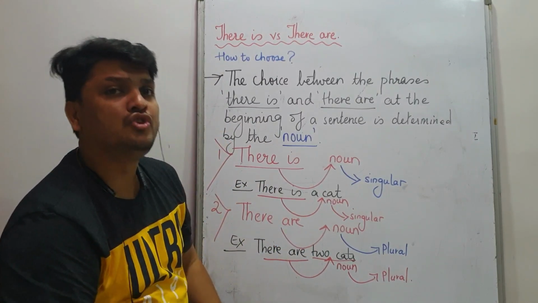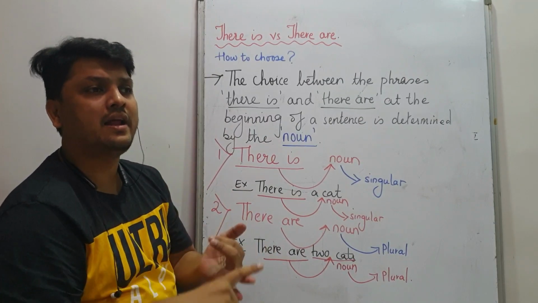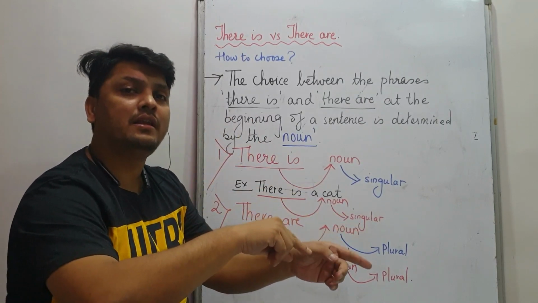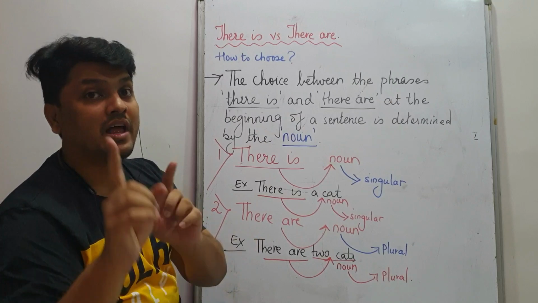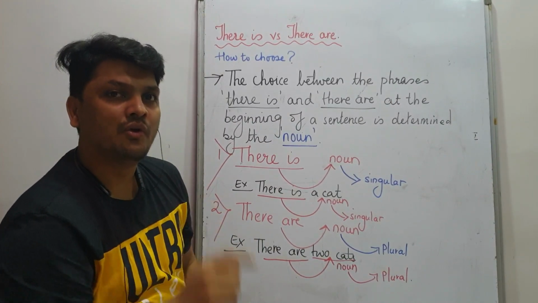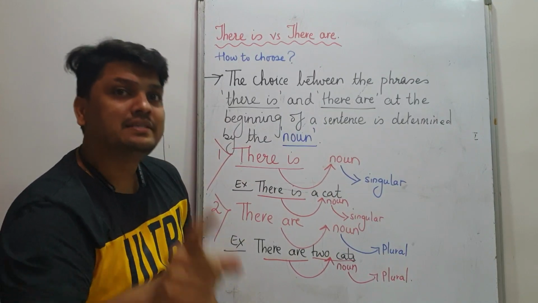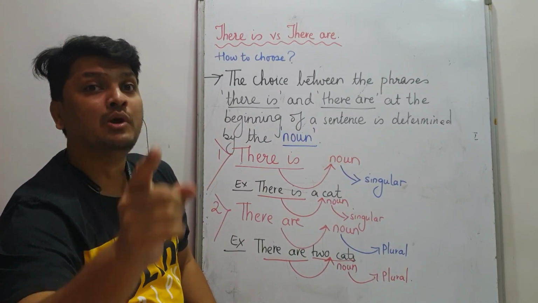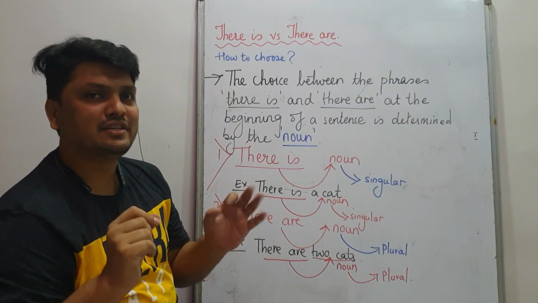The noun you use after there is or there are should be either singular or plural. If you use there is, the noun should be singular. And if you use there are, the noun should be plural. Do not make this mistake.